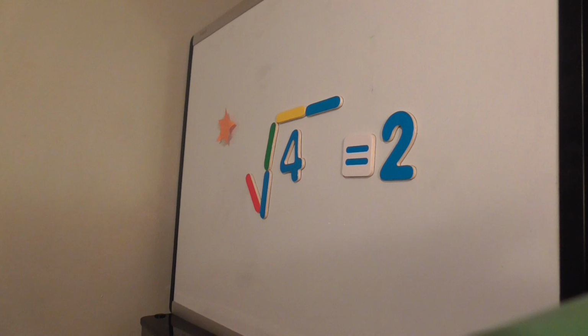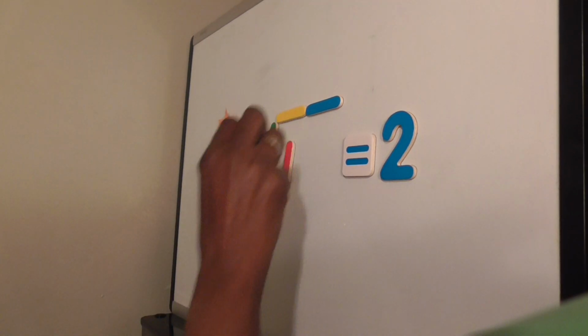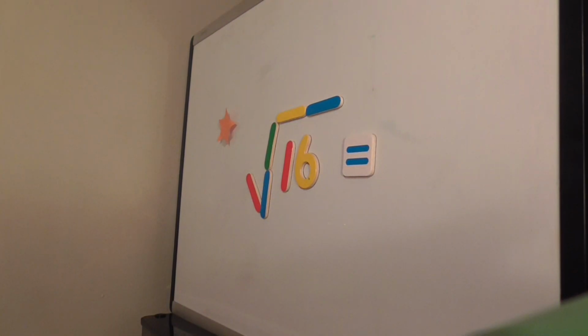Alright, so if that's true in that sense, it should be true in another sense. What is the square root of 16? The square root of 16 is 4.